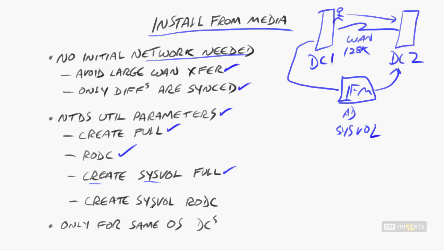We can also create sysvol read-only domain controller. So if we wanted to have all the sysvol data and make the domain controller read-only, of course that's what we'd do. You can only do this for the same operating system domain controller. So if this is a Windows Server 2012, Win12, then I could not copy that install from media data over to a Windows Server 2008, for example. They would both have to be Win12.